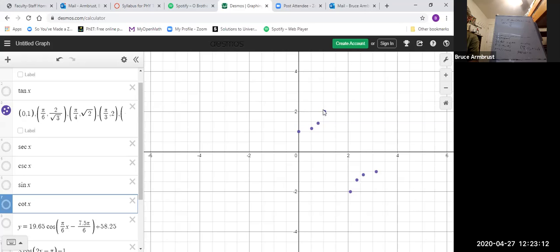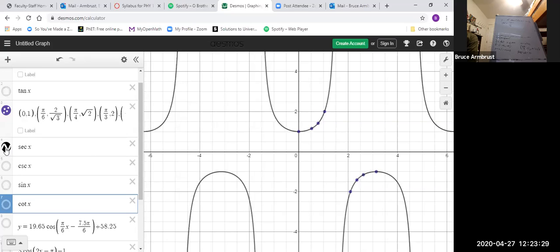Pi over 3 gave us 2. And then these were the negative values. So there are some of the points. And I could go ahead and graph all the points. And if I do that, what I get is something that looks like this. So here is a graph of secant.